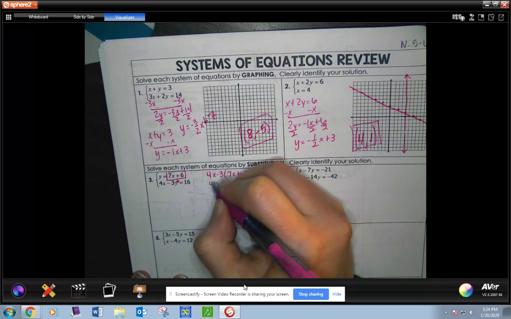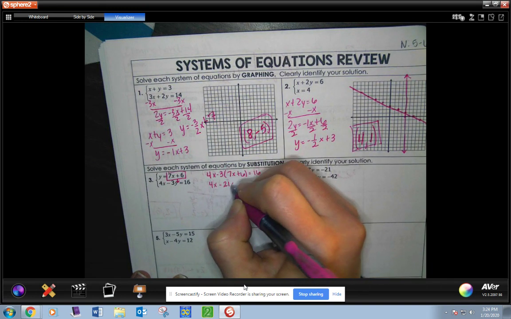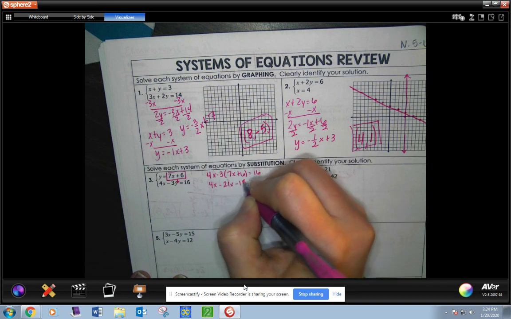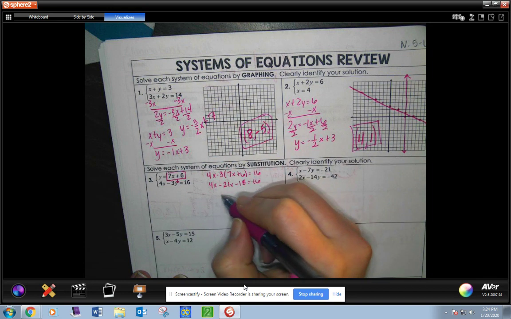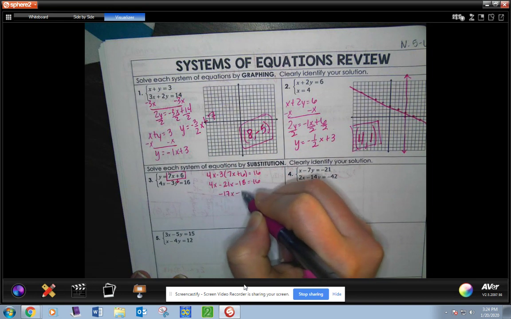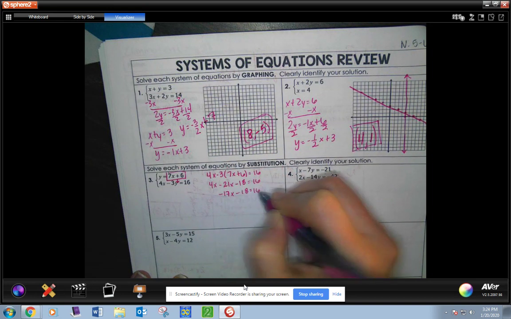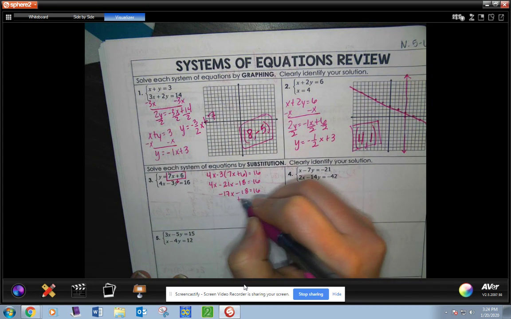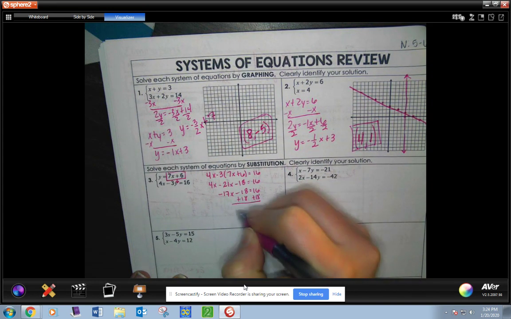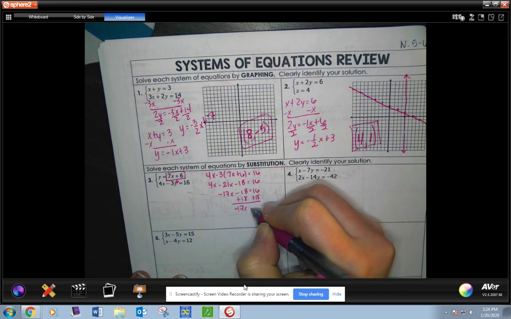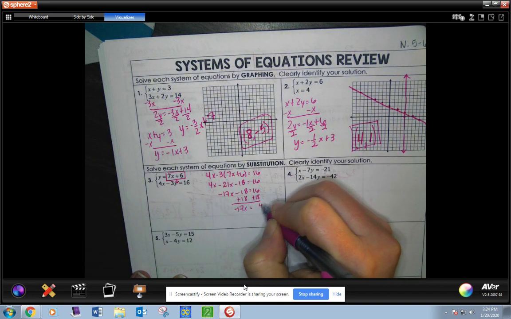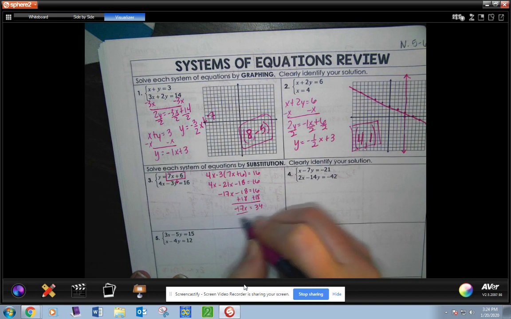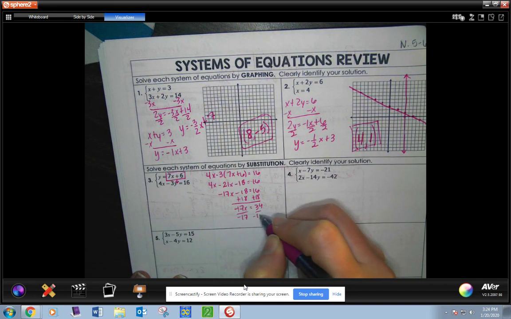When I distribute, I get 4x minus 21x minus 18 equals 16. So 4 minus 21x becomes negative 17x minus 18 equals 16. We're going to add 18, and that gives me negative 17x equals 34. We divide by negative 17, and x equals negative 2.